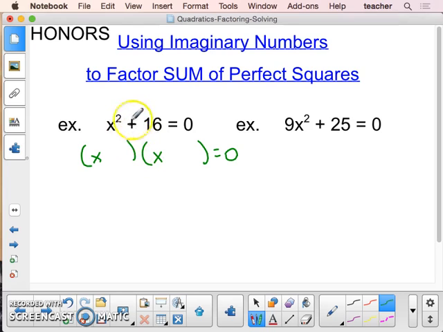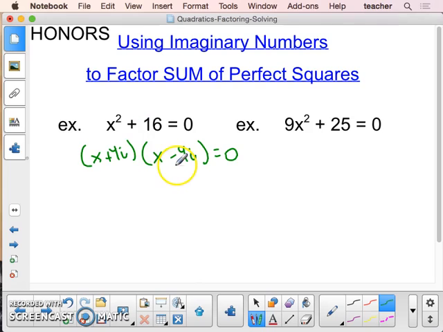The problem is I need this to turn to plus 16. And so I can use 4i in place of that to account for that. You know that the middle terms will cancel, and when you multiply 4i times negative 4i, you get negative 16i squared. But i squared is negative 1, which means you really get plus 16.